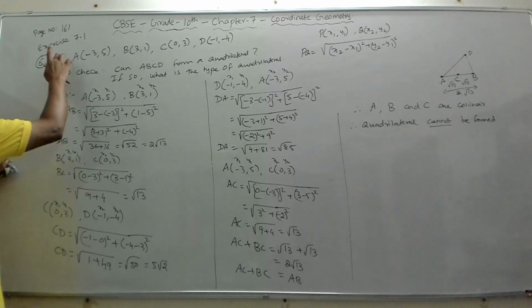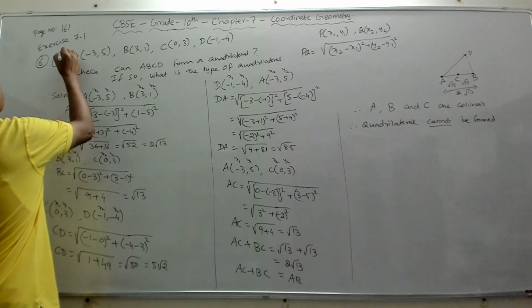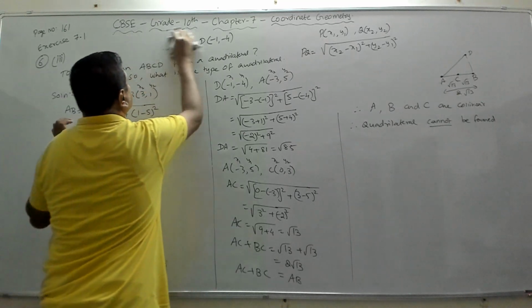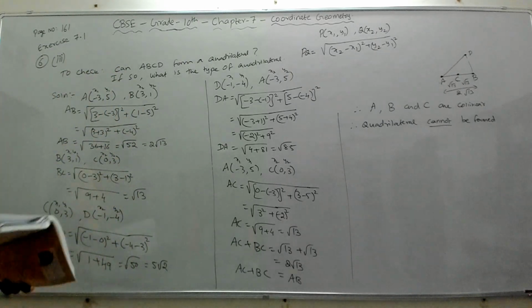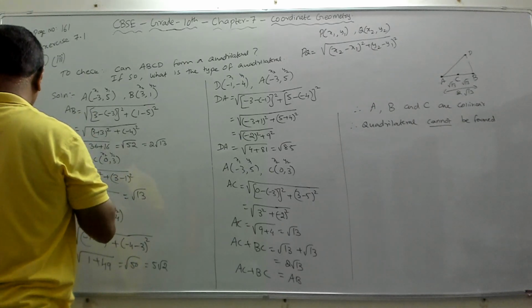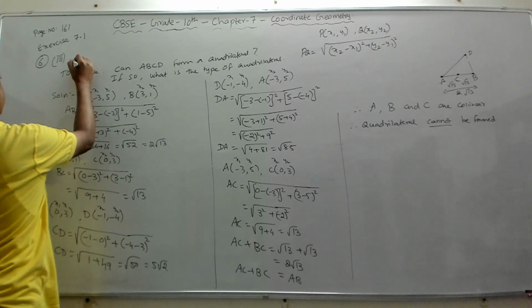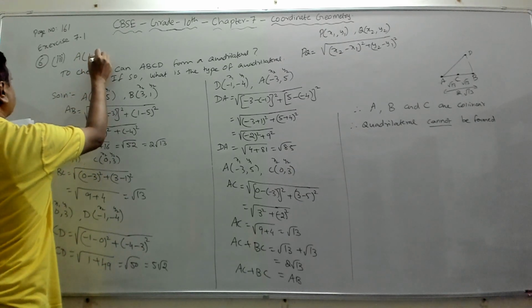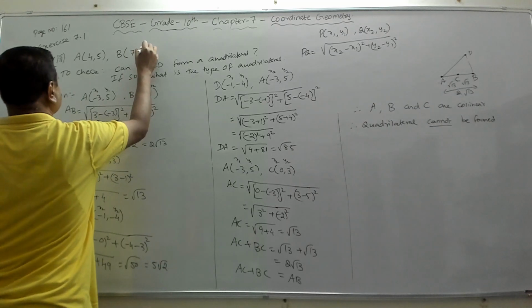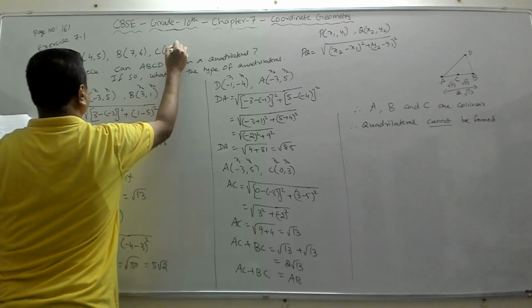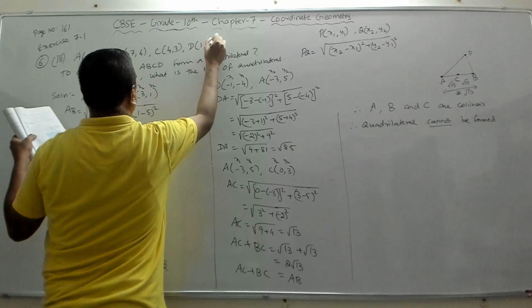I'll go to the third problem now. The four points are given: A of 4 comma 5, B of 7 comma 6, C of 4 comma 3, D of 1 comma 2.